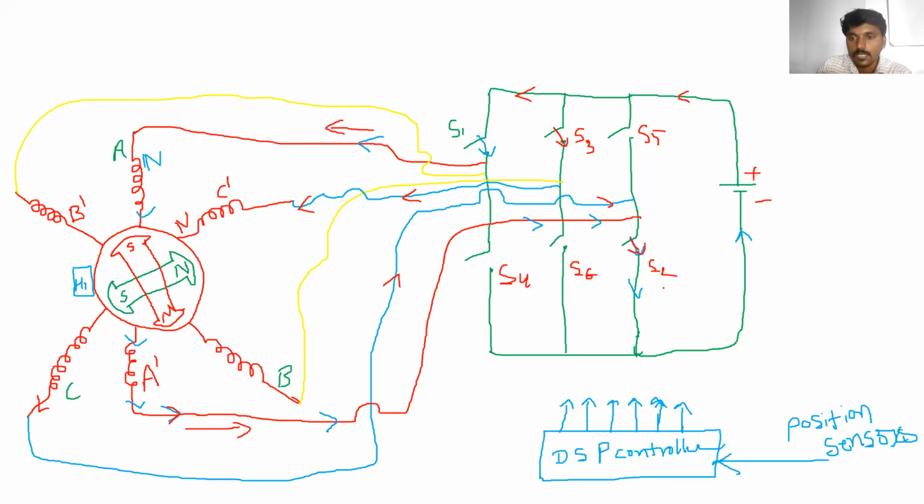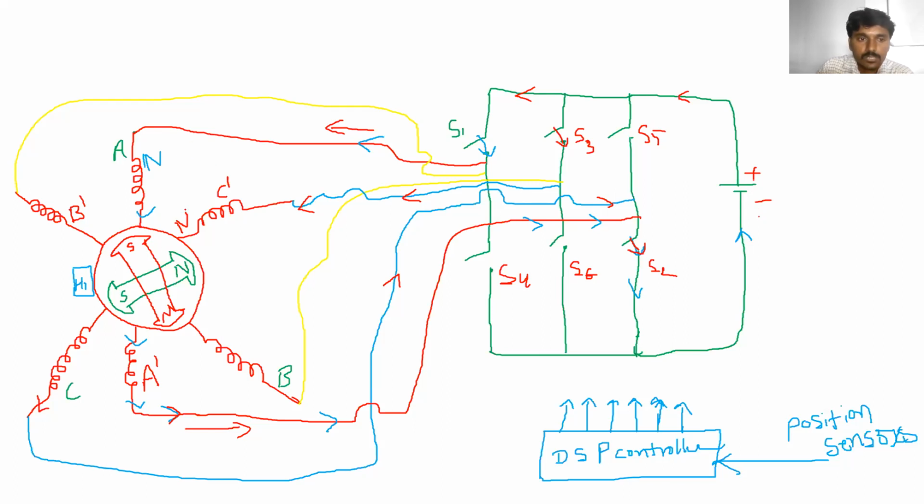Then the current comes to the negative terminal of the supply voltage. Now from the positive terminal of the supply voltage through S3, where does it go? Through the C dash coil and the C coil, then to S2 and the negative terminal of the supply voltage.